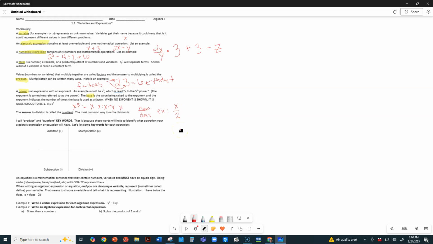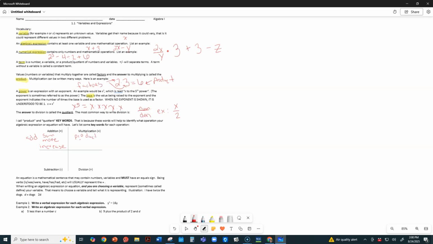So some words for addition are sum, more, increase, and the word add. There are probably other words that go there, but those are the ones off the top of my head. Multiplication: you need to look for the word product.